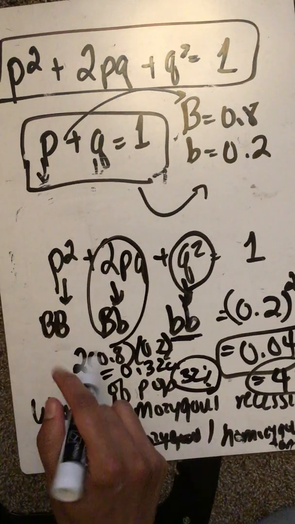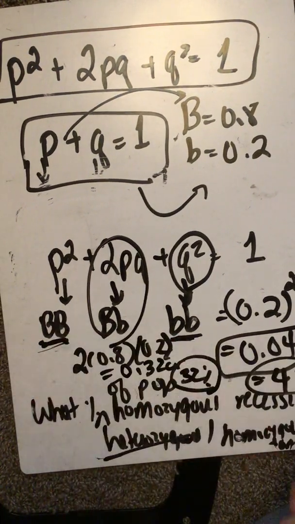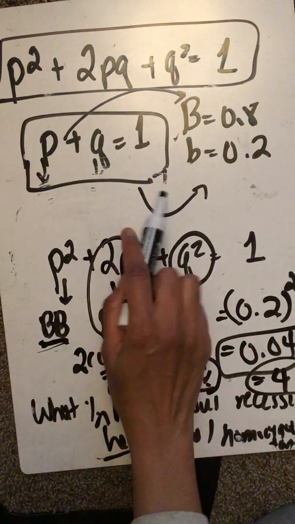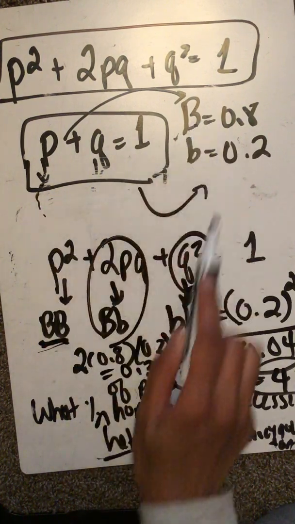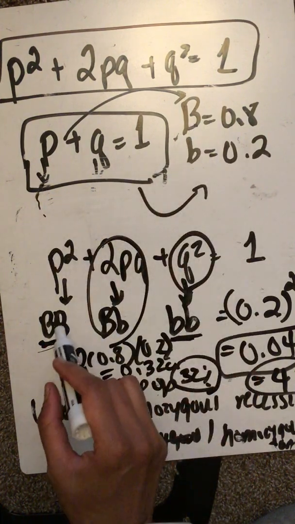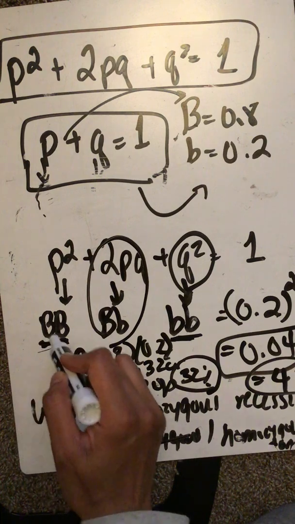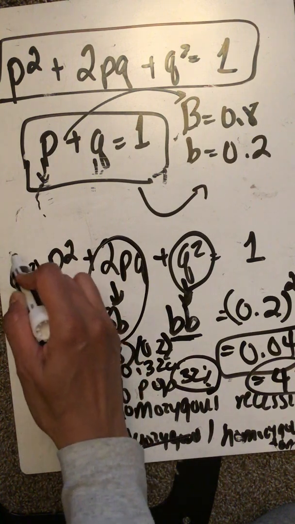And then if I want to calculate what percentage is homozygous dominant, p is equal to 0.8, so I go, okay, 0.8 squared.